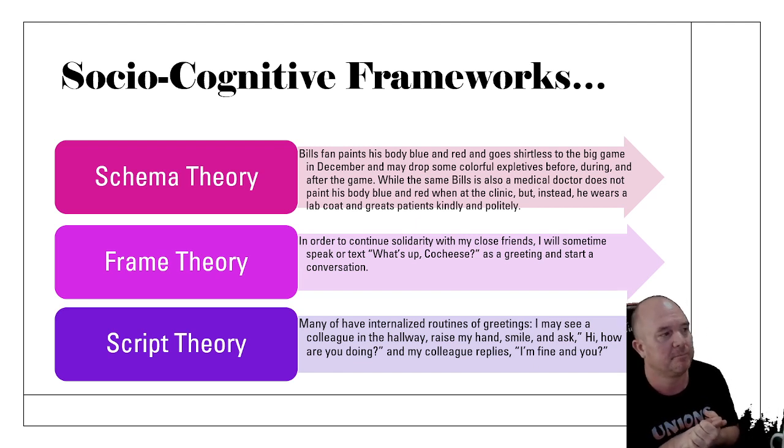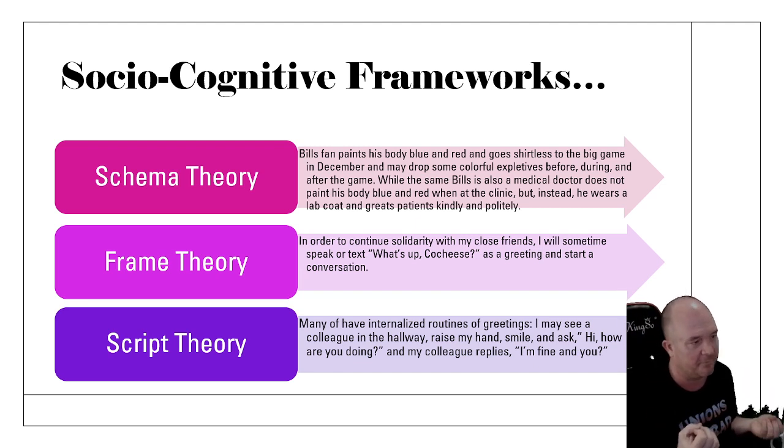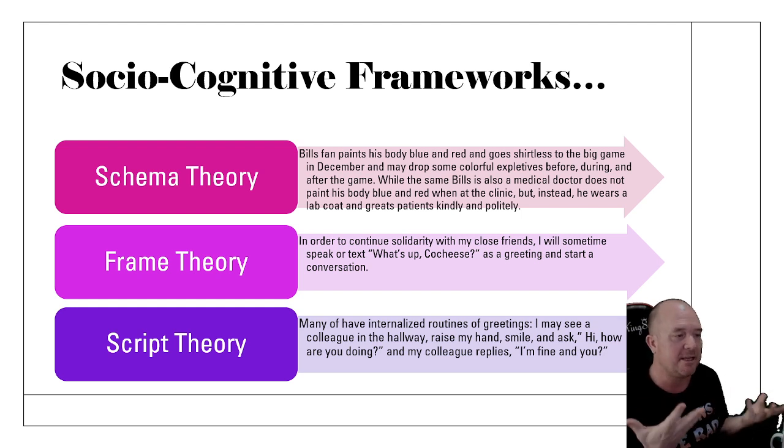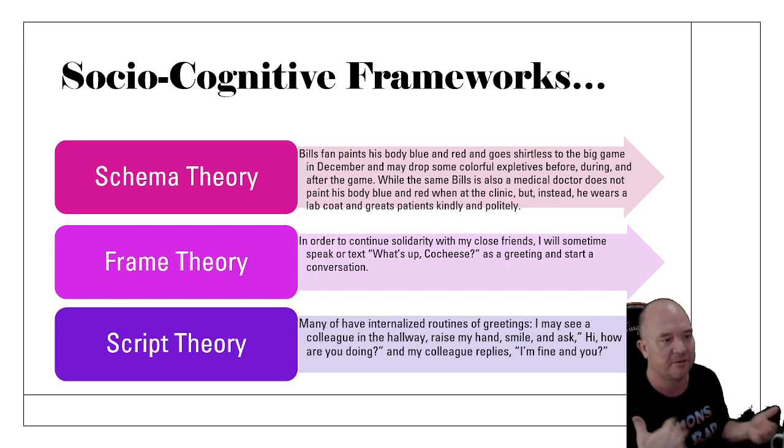Framing theory is a socio-cognitive kind of framing. In speaking, or I do this in texting as well, to show solidarity with close friends or colleagues, you might use some frames to say, hey, I'm your friend.